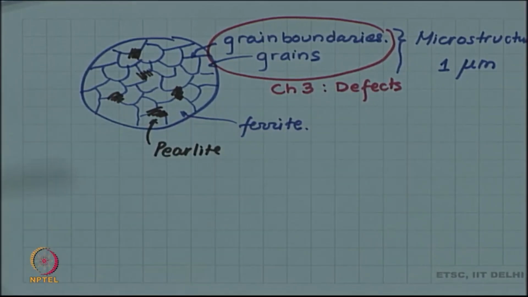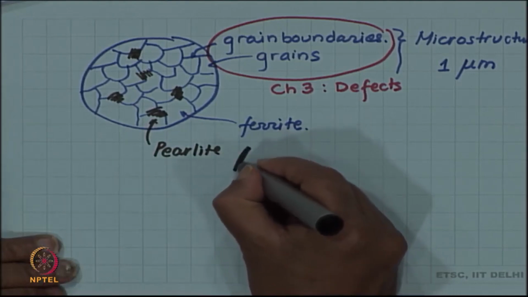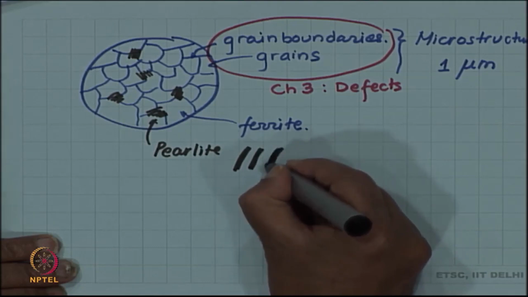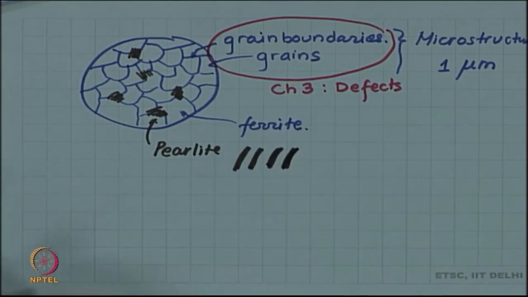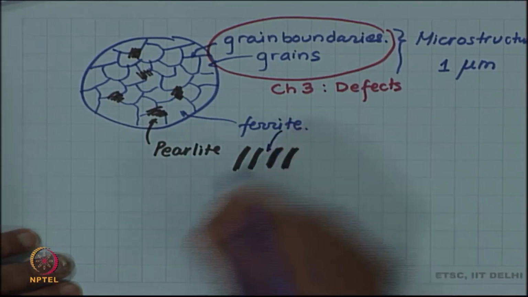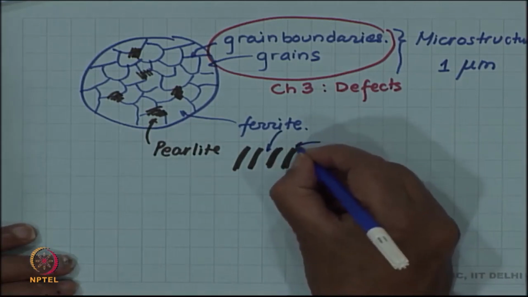And pearlite, looked at in detail, can again be seen to be alternate bands of dark and white regions, in which the lighter regions are ferrite and the darker regions are cementite.